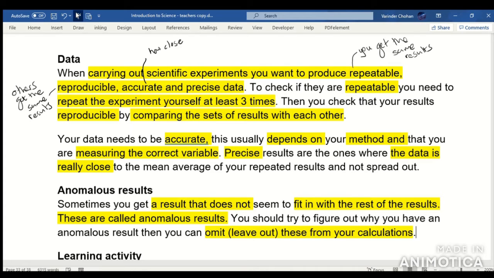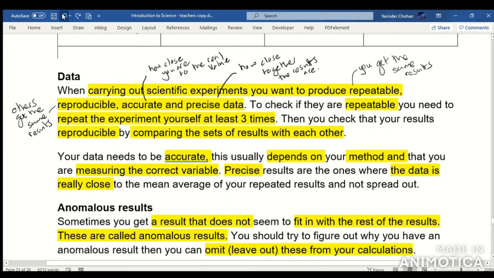Accurate, how close you are to the real value. Precise, how close together the results are. Always check for anomalies in your data.